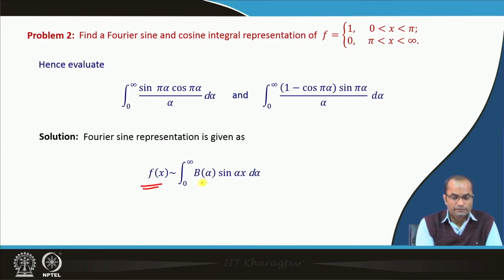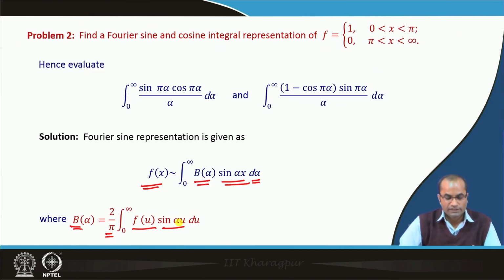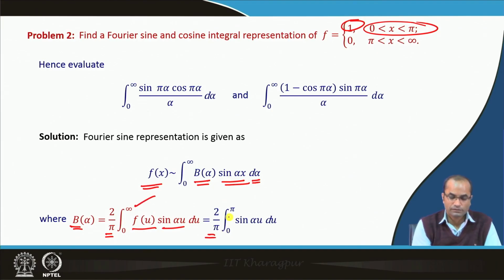So, f(x) is the integral of b(alpha) sin alpha x d alpha, where b(alpha) is given by 2 over pi, integral of f(u) sin alpha u du. The f is defined from 0 to pi as 1. So, we can compute this: 2 over pi, from 0 to pi, because it is only defined from 0 to pi, rest it is 0, and then we have 1 into sin alpha u.